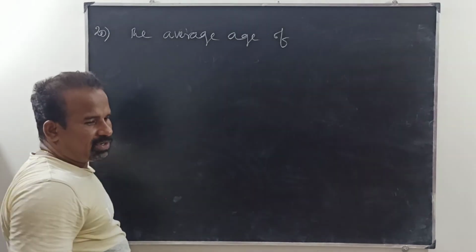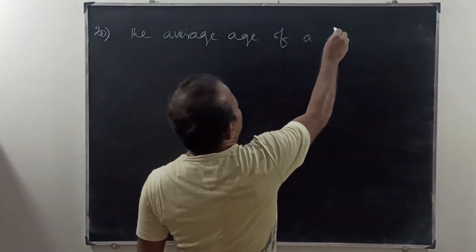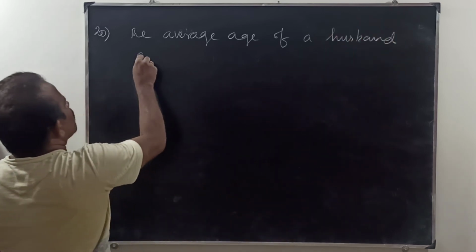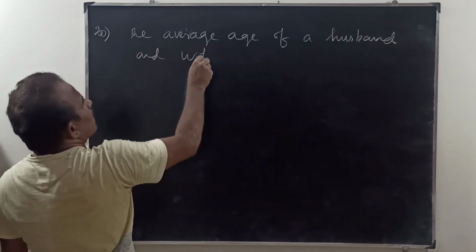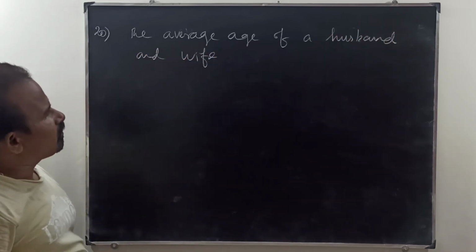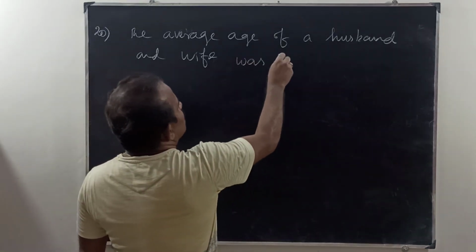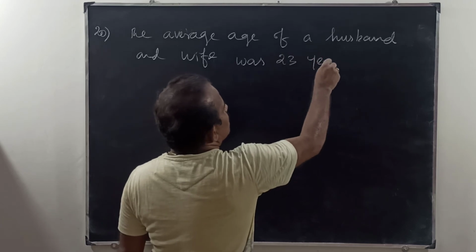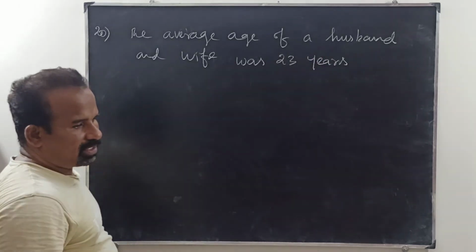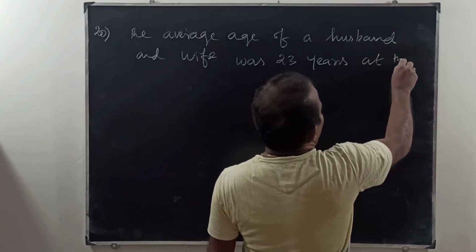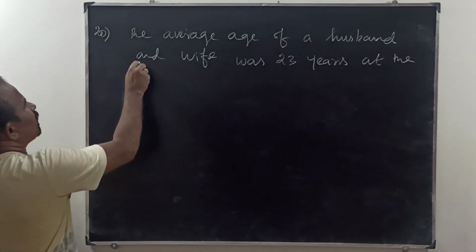The next question, this is the last question. The average age of a husband and wife was 23 years at the time of their marriage.